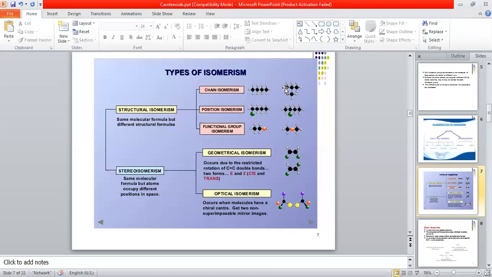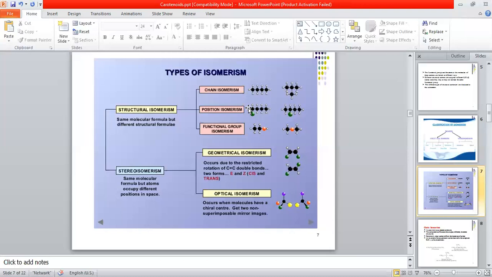Now come to the second one, position isomerism. Here you will see again black balls and white balls. Black indicates carbon, and white indicates hydrogen. The green ball indicates a chlorine atom. Here you can see there are 4 carbon atoms and 9 hydrogen atoms.